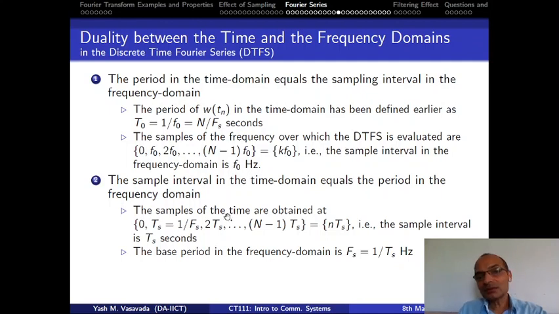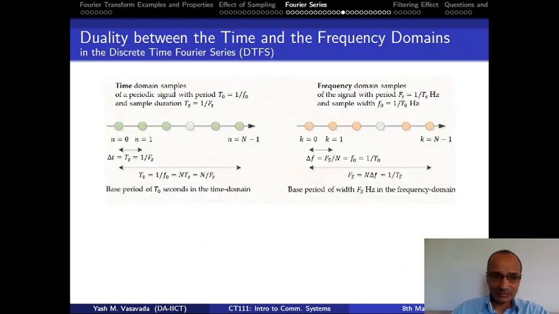But even more surprising is that this f naught is the inverse of n times t of s, and this t of s is the inverse of n times f naught, which is f of s. So there is a tremendous duality going back and forth between time and frequency domains. And that is what is summarized in this slide.